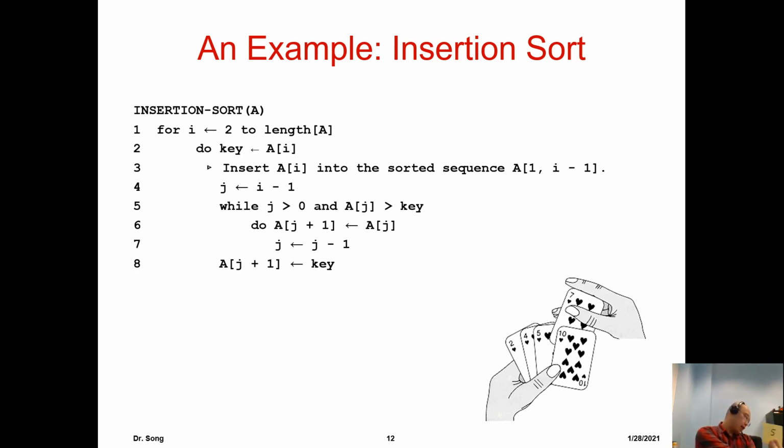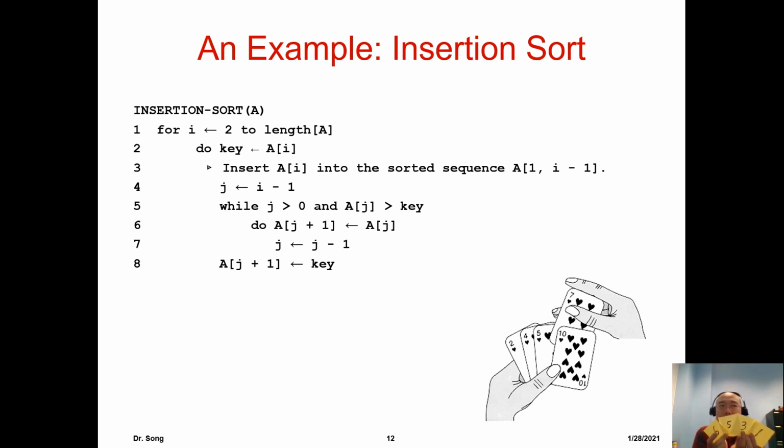Then I draw 3. 3 should go lower, so I have 3 on the left side. Then I draw a 6, and 6 is greater than 5, so 6 goes here. And eventually I draw 1, so 1 is even lower than 3, so 1 goes here, right? Oops, I don't have big hands. Okay, but this is how we do the sorting.